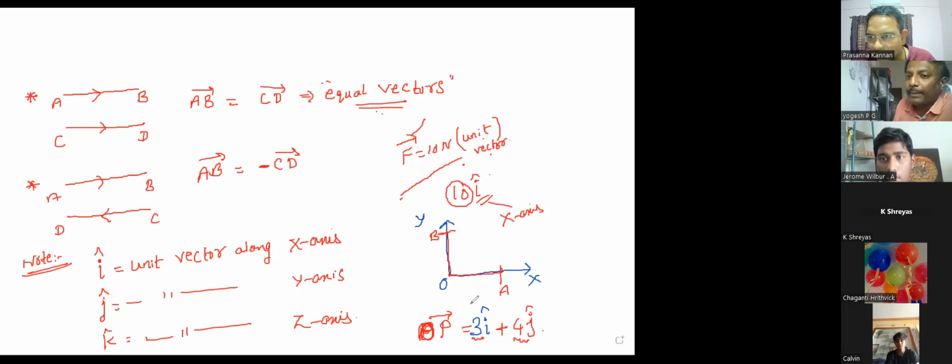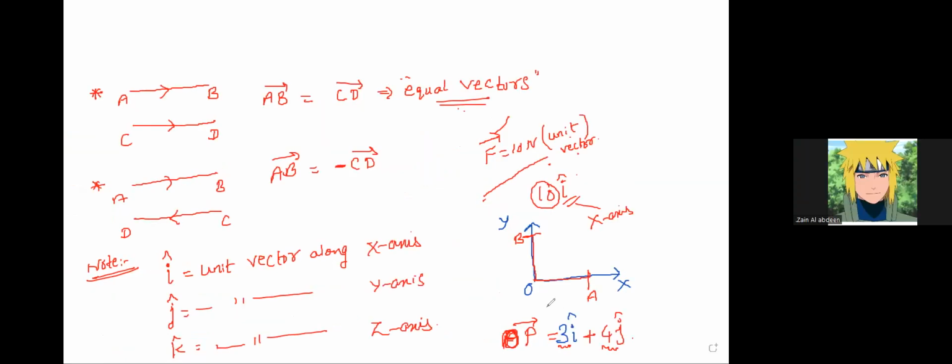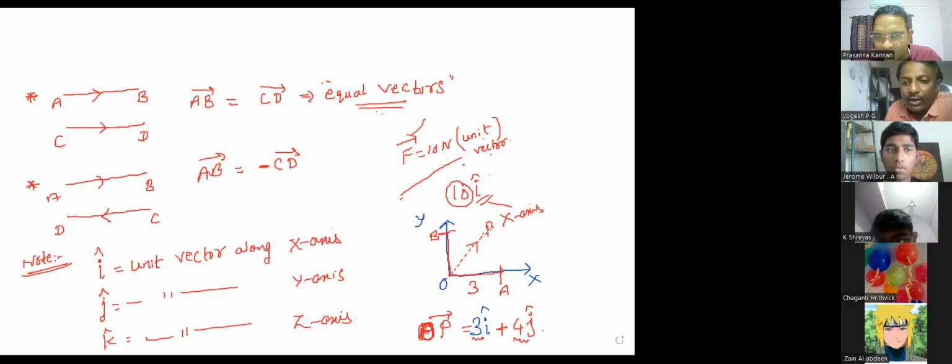It has both I cap and J cap. When it has both, it should move like this. So this is the OP vector. This OP vector has 3 along the x-axis and 4 along the y-axis.